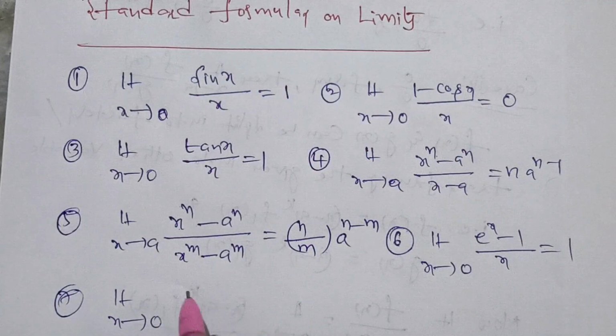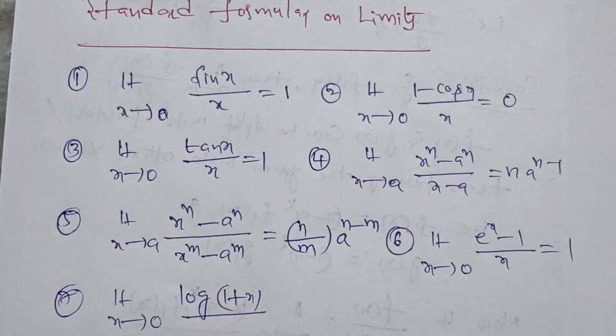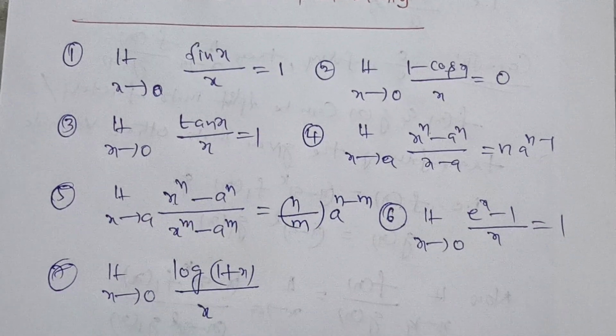The seventh standard formula on limits is on logarithms. Limit x approaches 0 of log of 1 plus x by x is equal to 1.